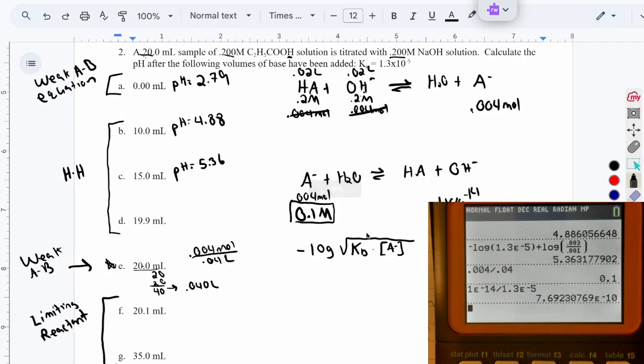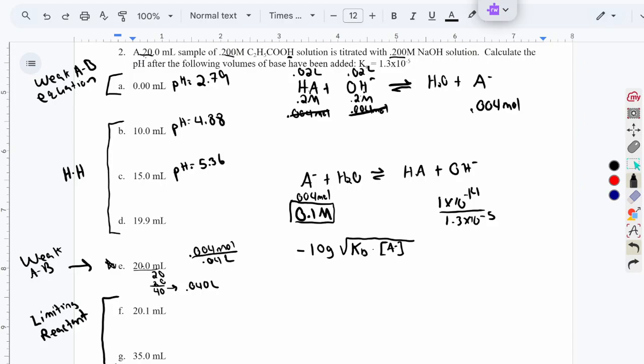So let's put all this into our equation right here. Let me turn off my calculator. So we're going to do negative log of the square root of what he just said, 7.69 times 10 to the negative 10 times my A minus concentration we just figured out was 0.1.